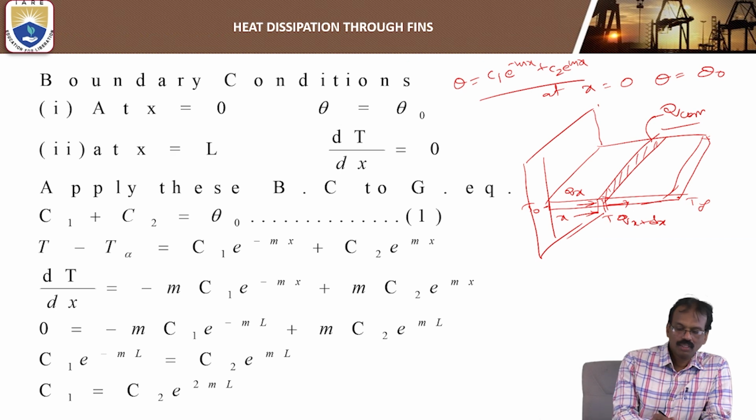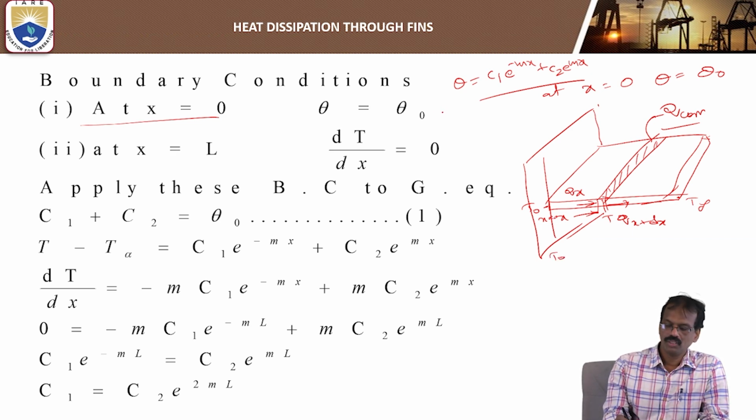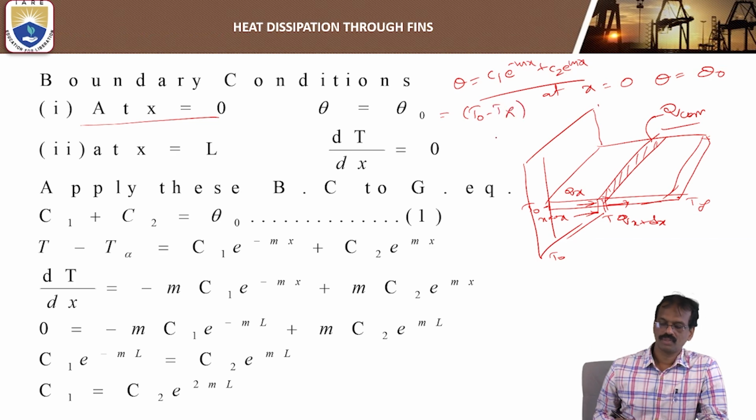So here there are two boundary conditions. One is at x is equal to 0, then T is equal to T naught. It means the temperature difference theta is equal to T naught minus T infinity.